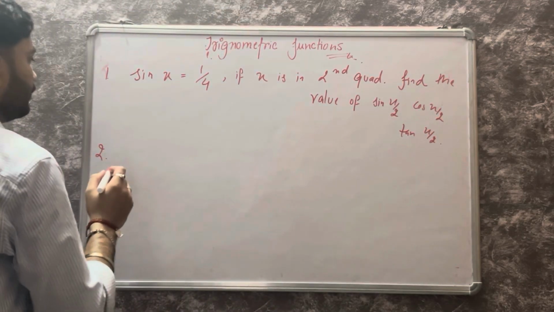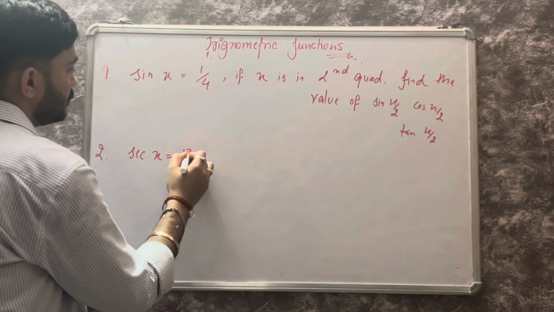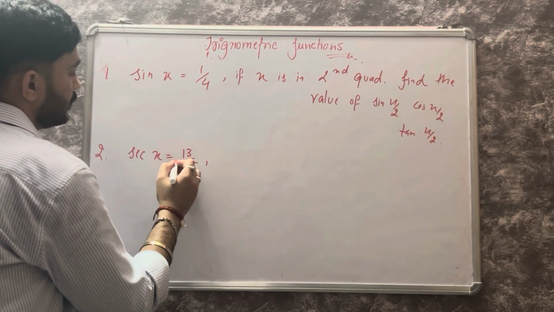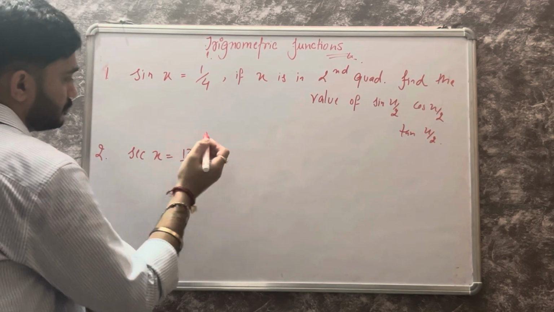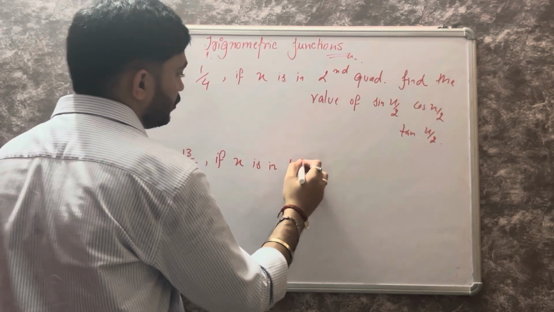And the second question will be sec x is equal to 13 upon 5 if x is in fourth quadrant.